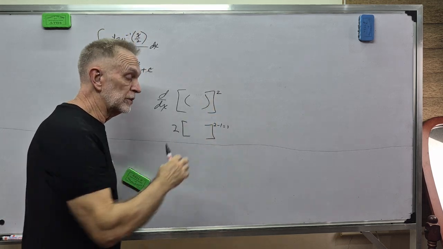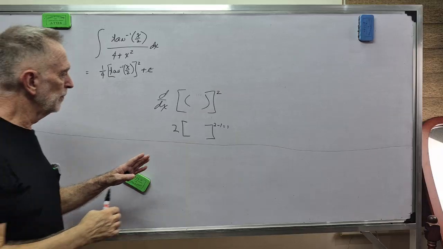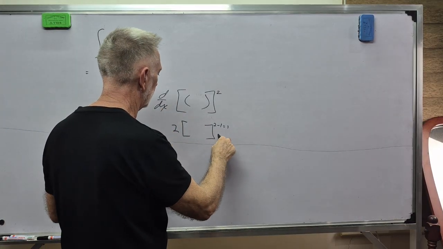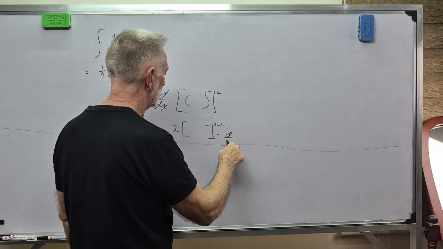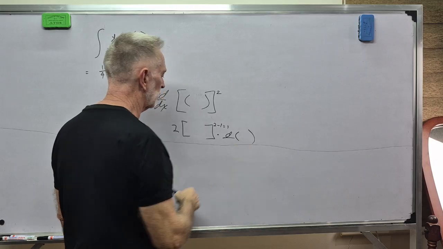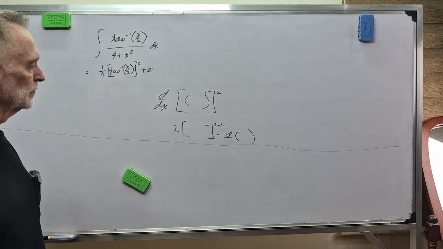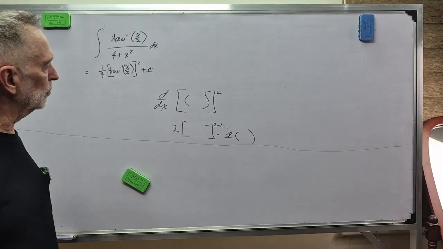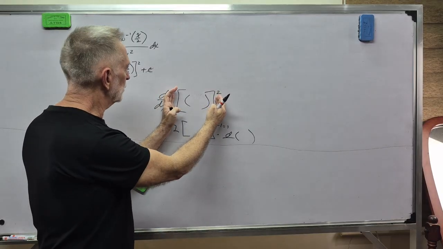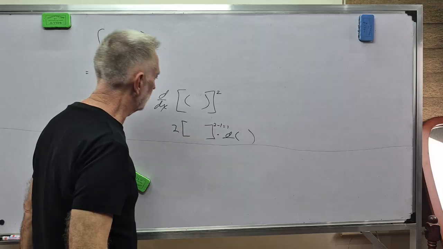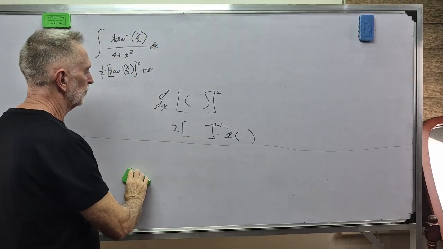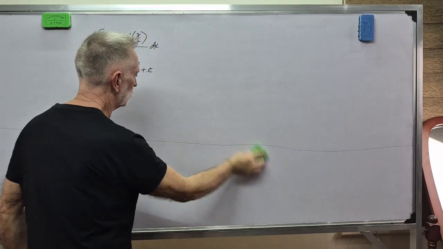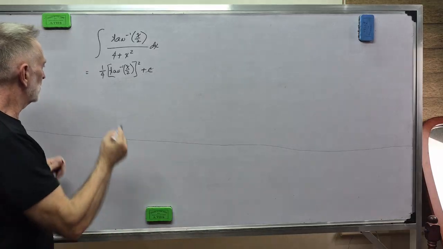So I decrease that exponent by 1, and then multiply by the derivative of what's on the inside. That's the simple analysis of the chain rule: the derivative of the outside function times the derivative of the inside function. So that's our two rules.